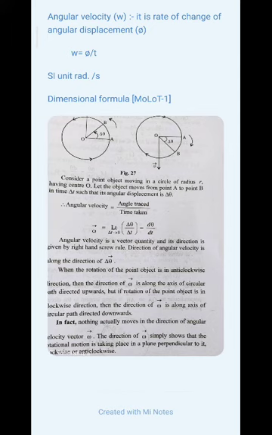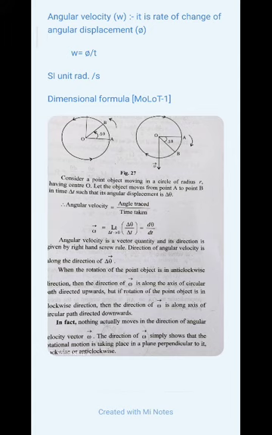The direction of the angular velocity is along the direction of the axis. When the rotation of a point object is anticlockwise, the direction of omega is along the axis of the circular path, directed upwards. But if the rotation is in the clockwise direction, the direction of omega is along the axis of the circular path, directed downwards.